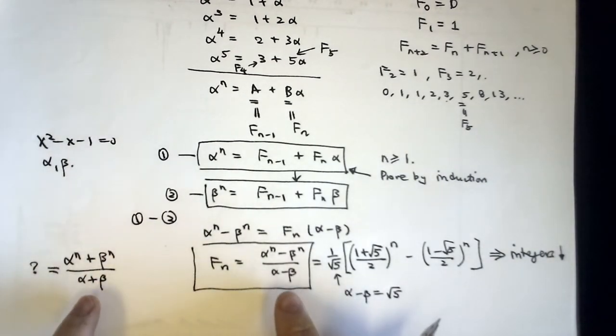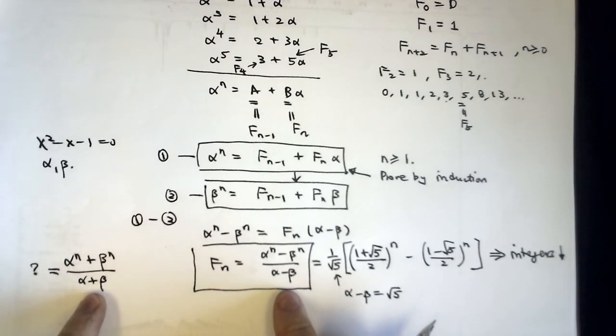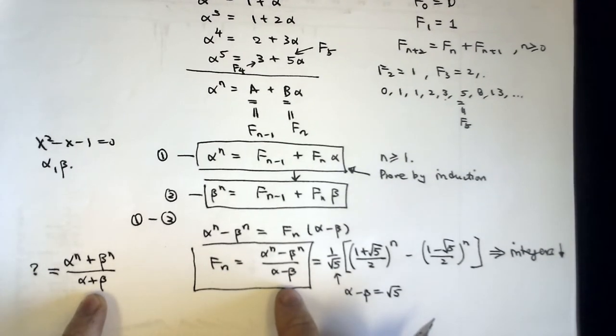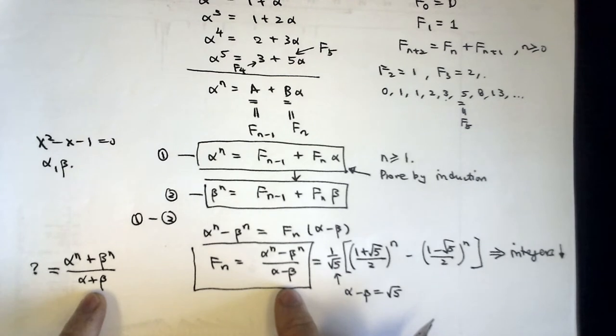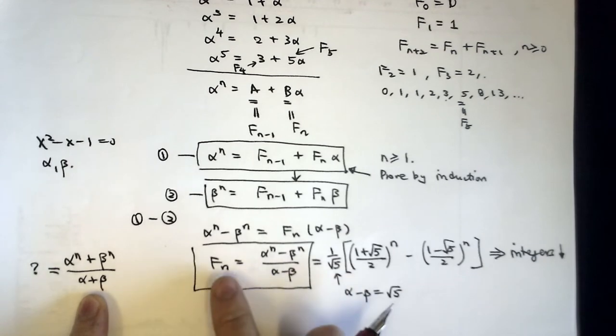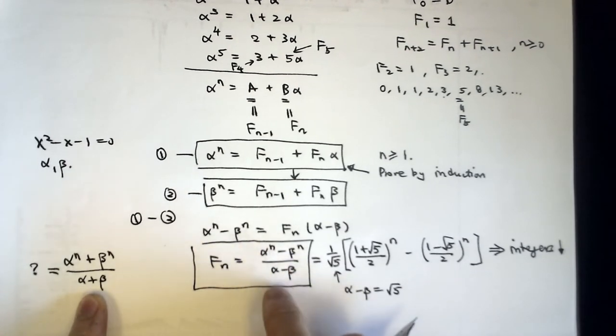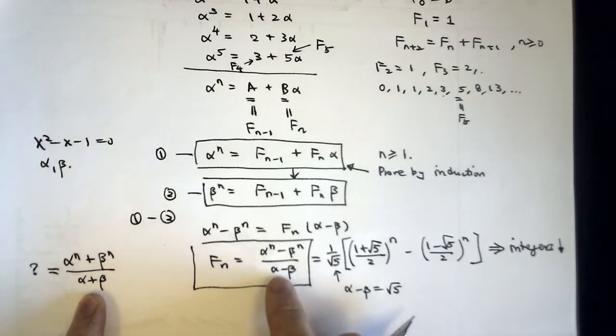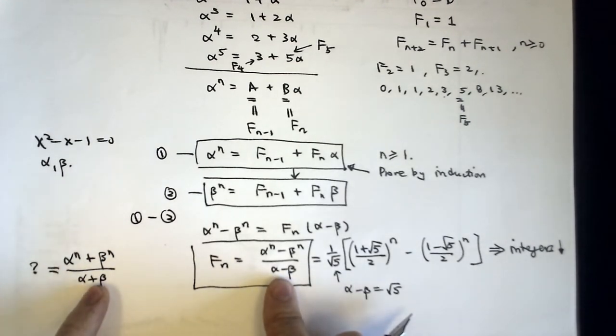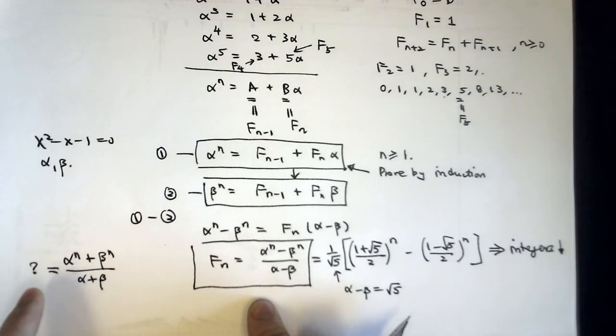Because you see these two forms are very similar. We want to know if this guy represents Fibonacci numbers. These are all minus signs here. What if we change the minus sign into a plus sign? We will investigate this.